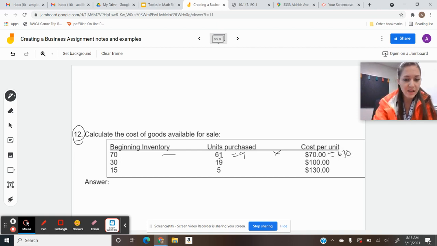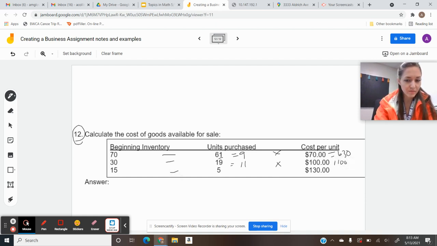$630. Same thing with this one, 30 minus 19, and you get 11 times 100, $1,100.